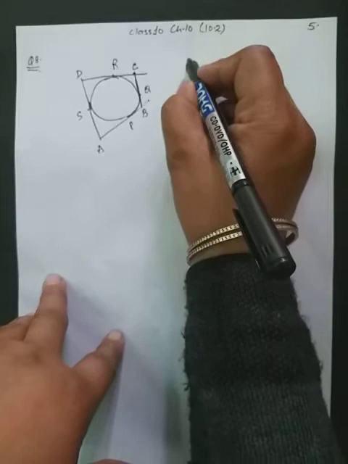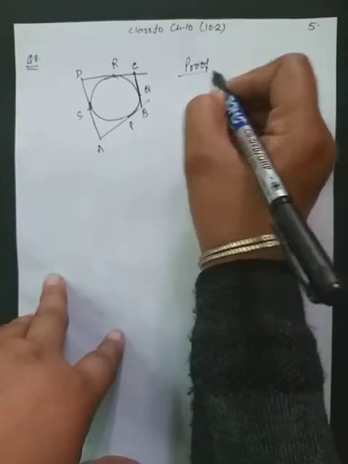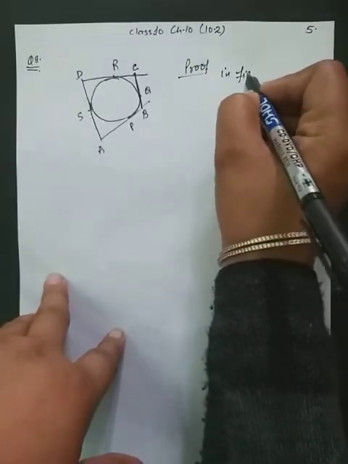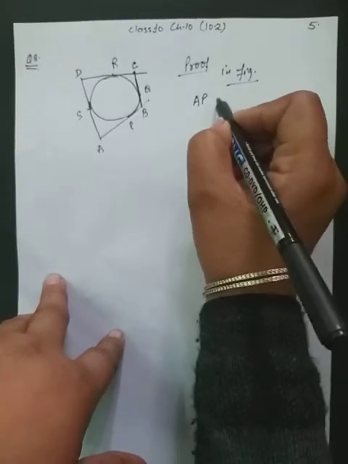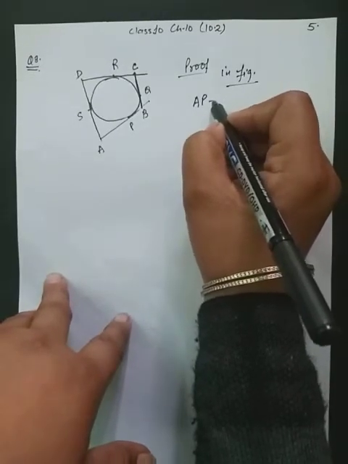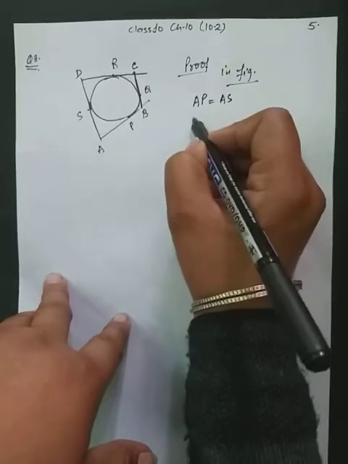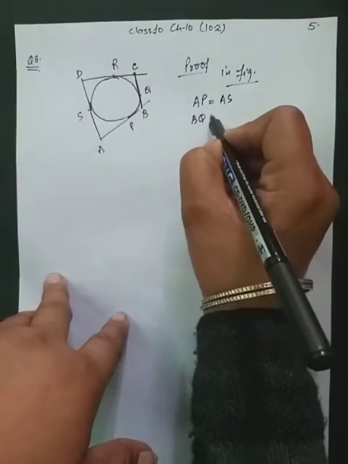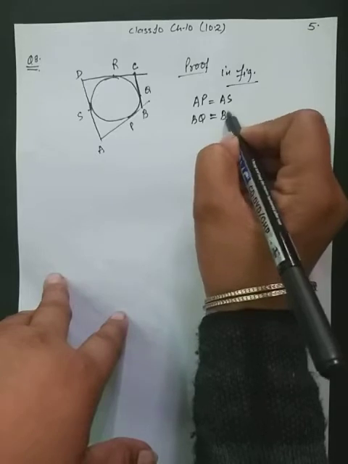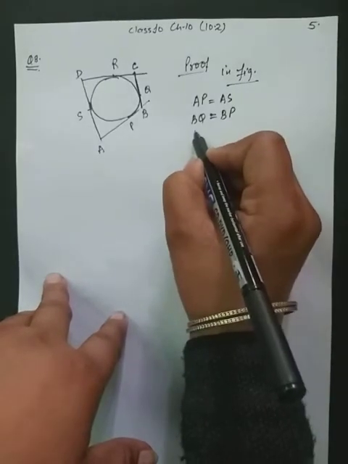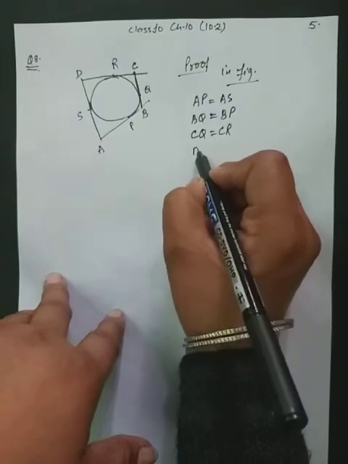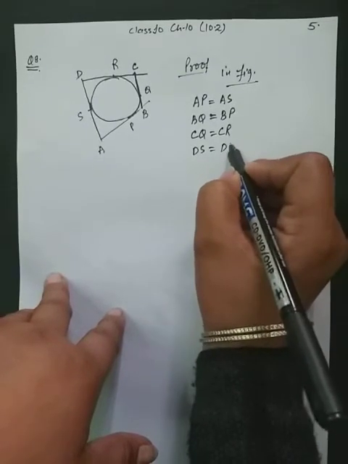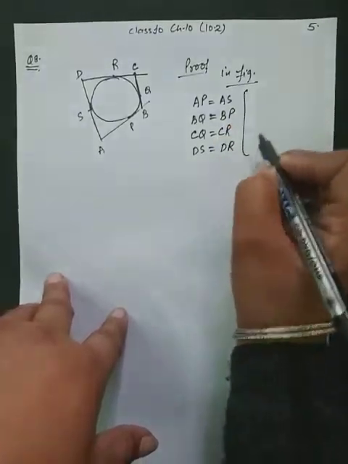So in figure, AP is equal to AS and BQ is equal to BP and CQ is equal to CR and DS is equal to DR. Why?